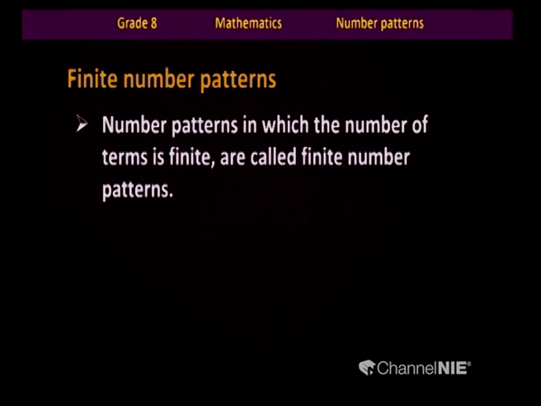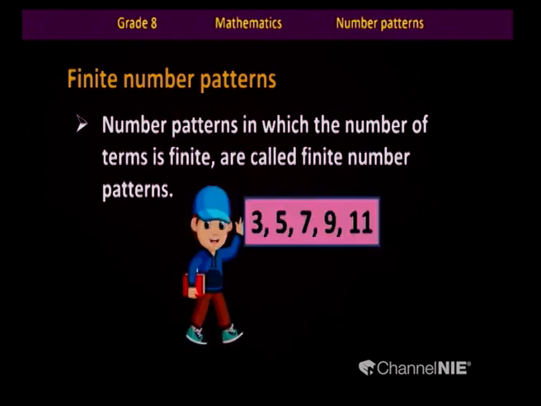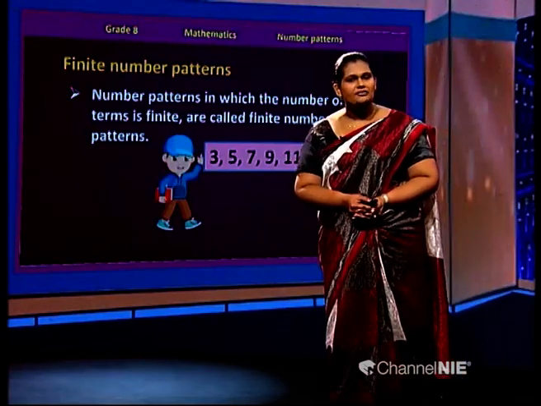Number patterns in which the number of terms is finite are called finite number patterns. We can move on to an example, the same example we have discussed previously. This is the odd number pattern from 3 to 11. So, we exactly know we have got only 5 terms there.